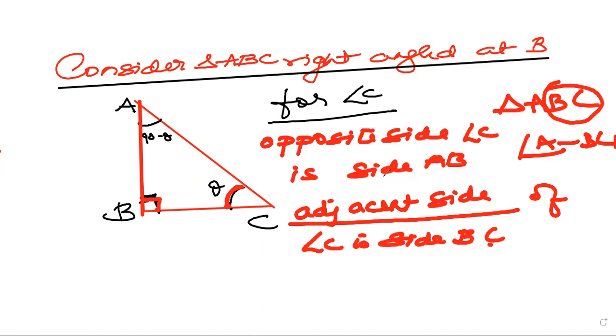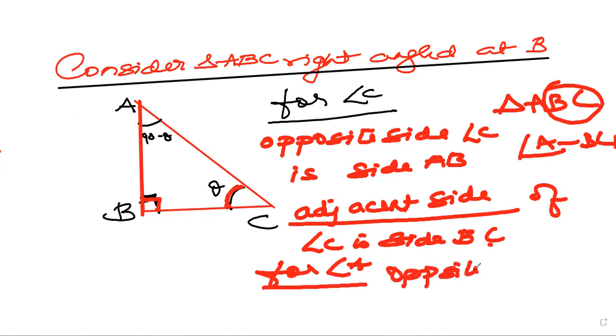So you should be able to identify the opposite side of the angle and the adjacent side of the angle. See, the side opposite to 90, AC, is called a hypotenuse. Likewise, if I talk about angle A, children, which is the opposite side of angle A? In triangle ABC, removing A, the other two letters give side BC.